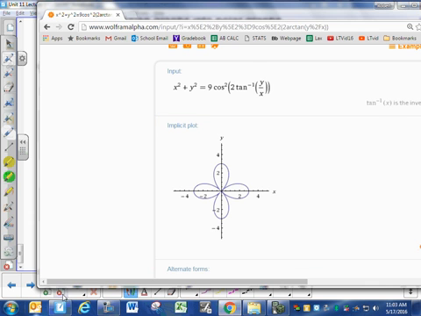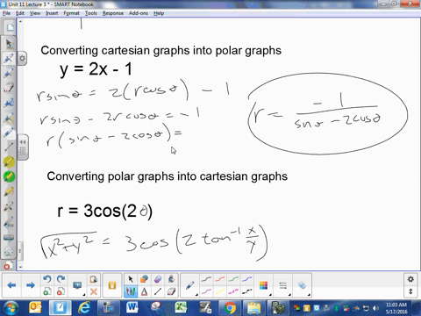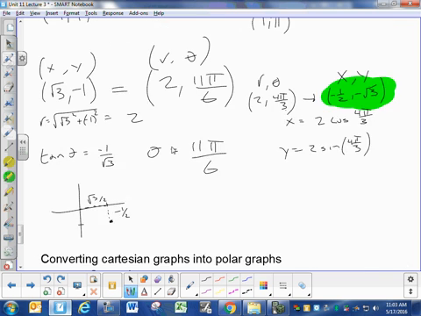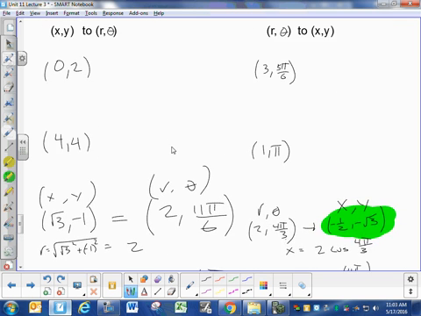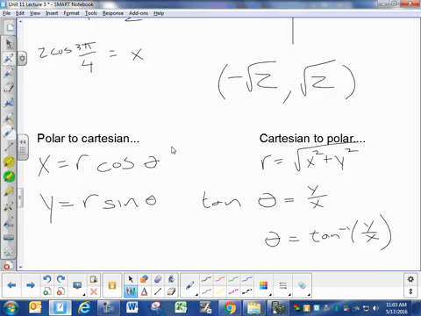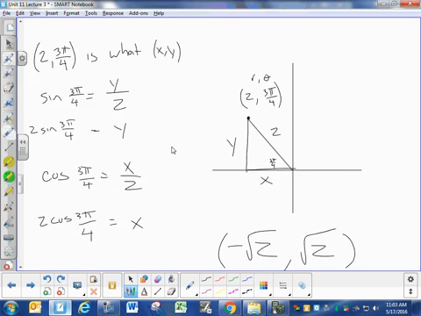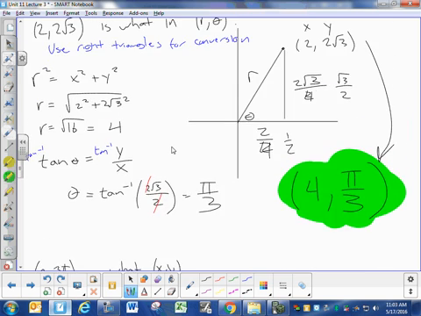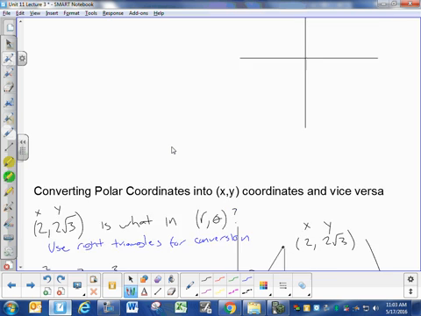So again, for your quiz that you are going to create, a couple of converting points into x's and y's, or converting x's, y's into r's, thetas, a couple of graphs, a couple of plotting, just like that, okay?